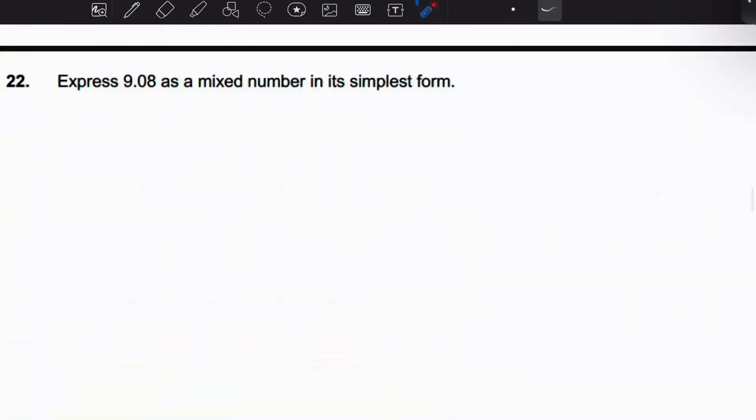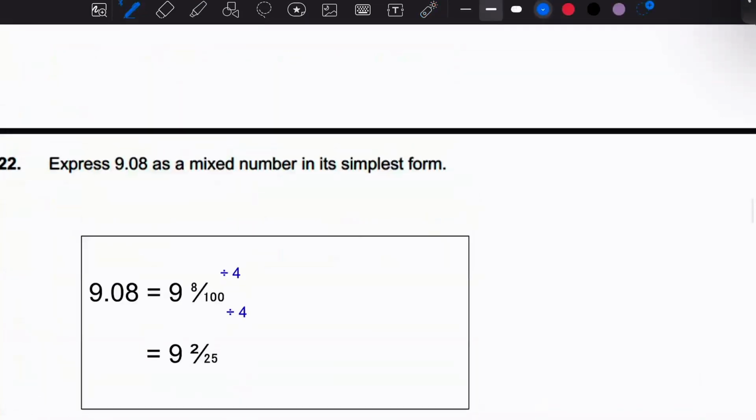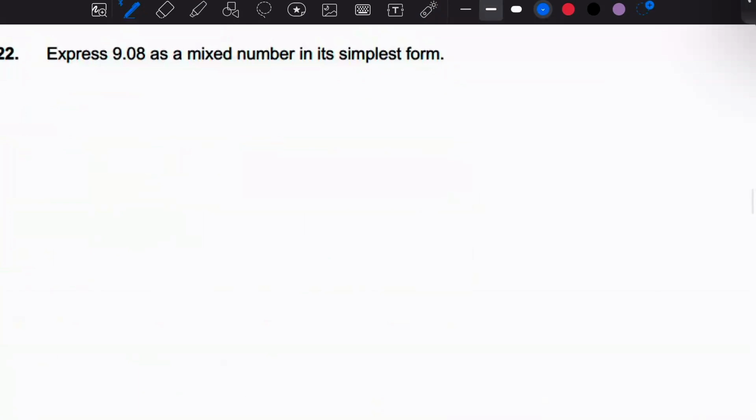Next question. Question 22. Express 9.08 as a mixed number in its simplest form. What is a mixed number? A mixed number is when you have a whole number and also a fraction.